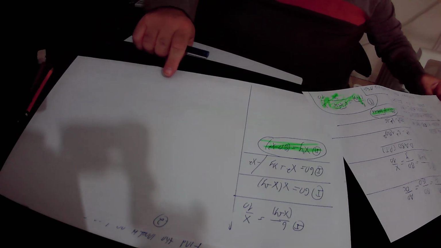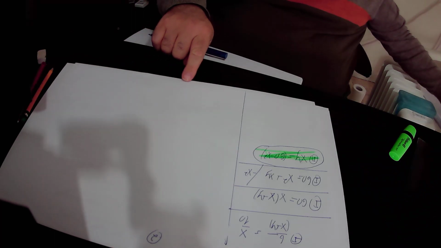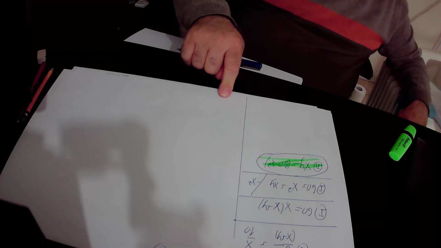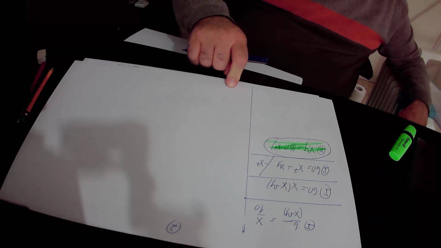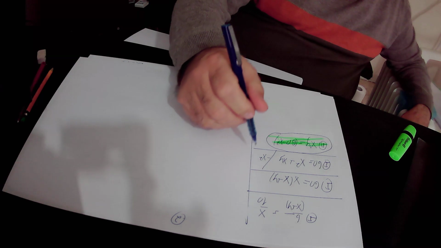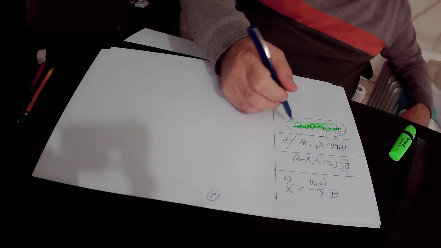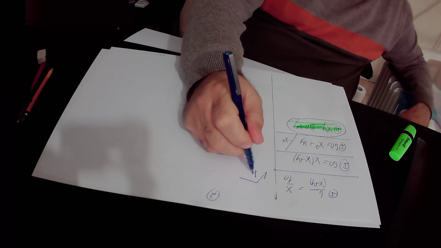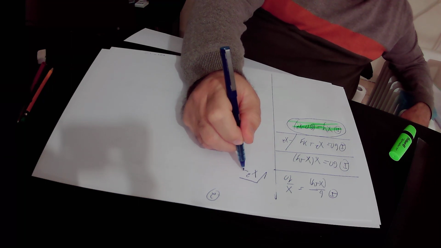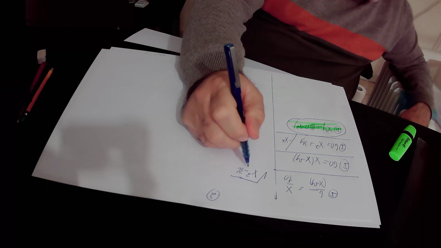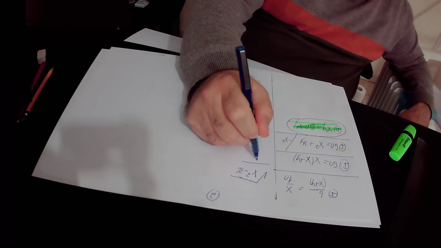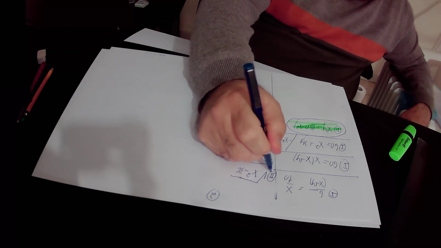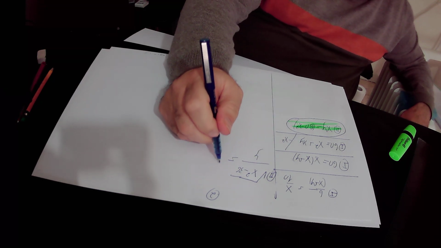So according to equation number 2, we will get that the square root of x squared minus 36 over y, this is equation number 2, equals x over 10.